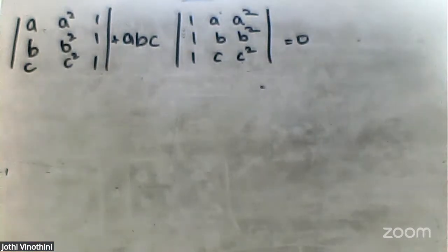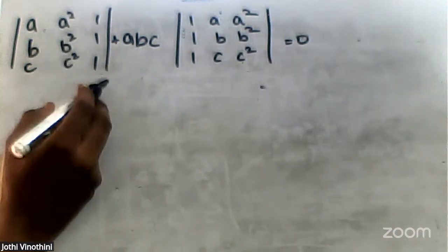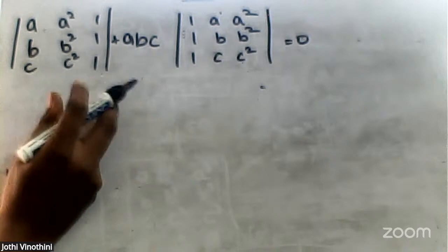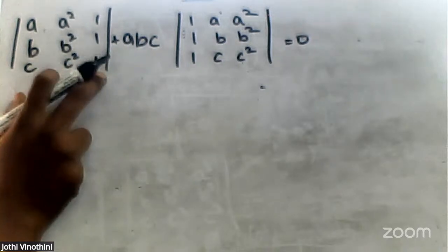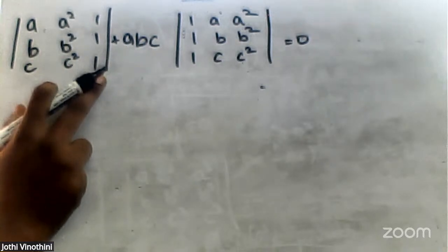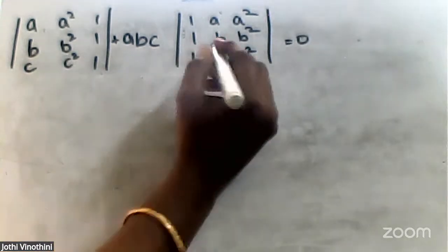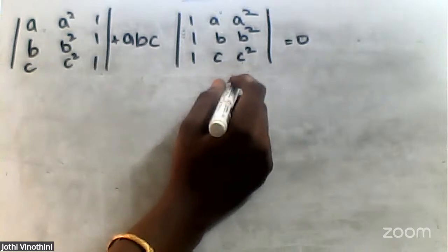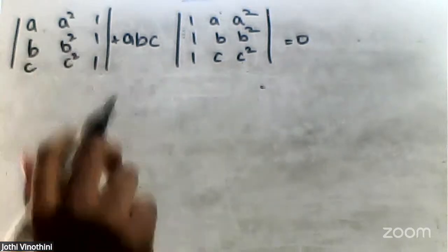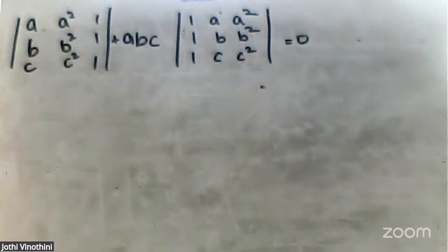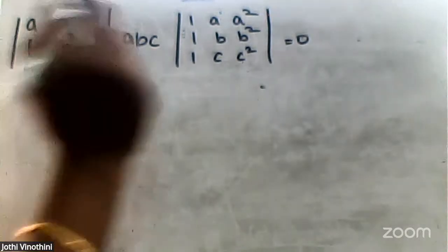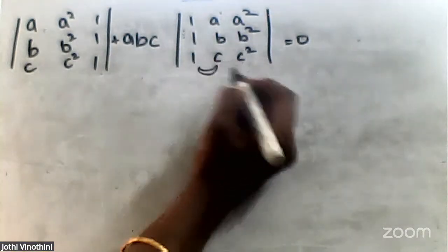In the question, we already know that this determinant is also given, which is not equal to 0. So I am going to replace this matrix in the form of this. What do I have to do? Yes, super. We have to interchange these two columns.